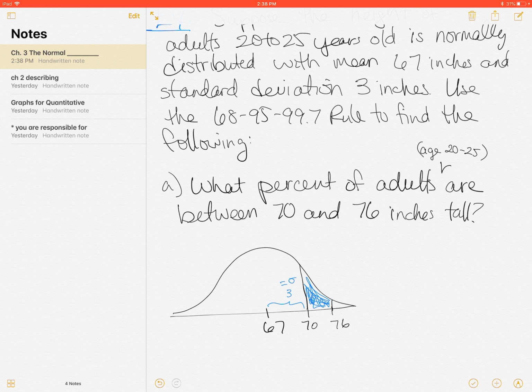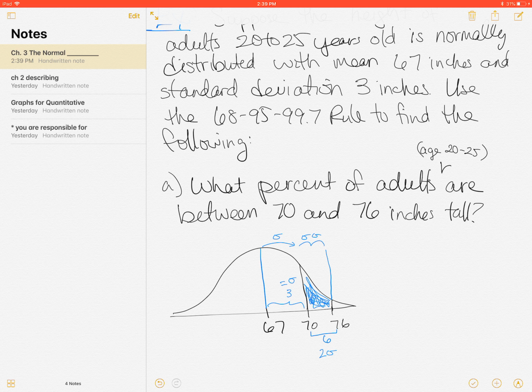Now, 70 to 76, that's a jump of 6, or 2 standard deviations. So when we look at this, we could say, oh, this is 1 sigma, 2, 3 sigmas. Yes, my picture is not to scale. We don't care. It's just to help us visualize.